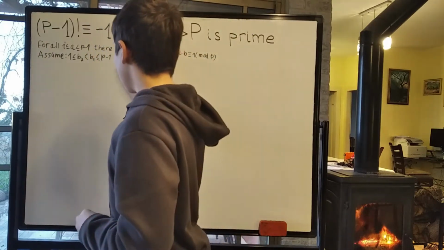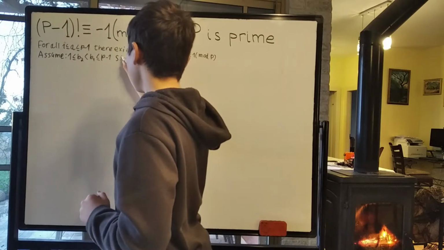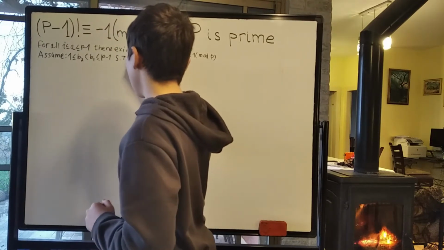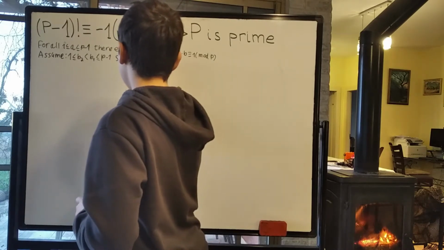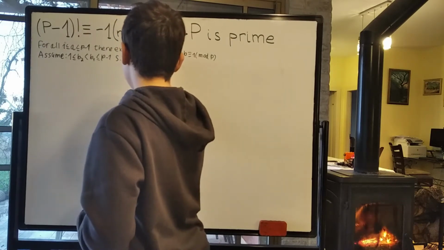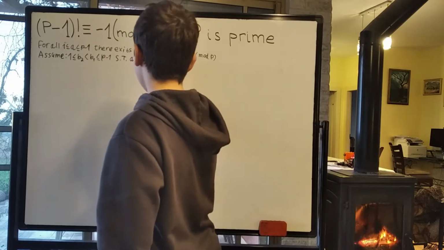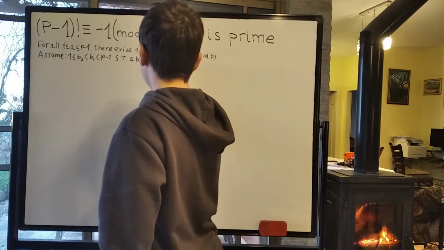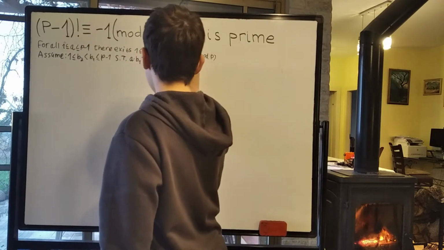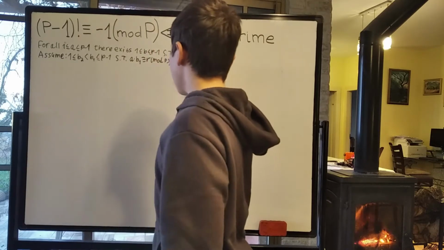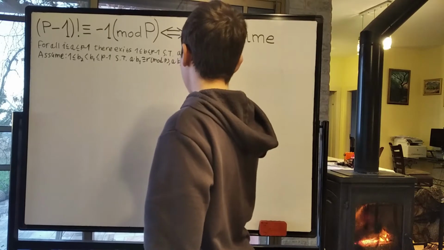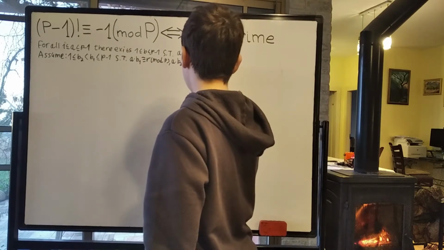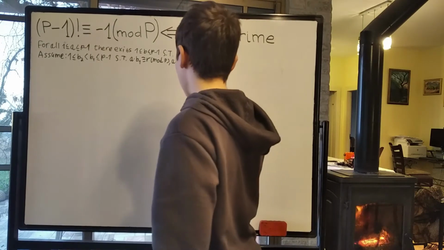And they're chosen in such a way that we have a times b1 is congruent to r mod p, and a times b2 is congruent to the same r mod p.